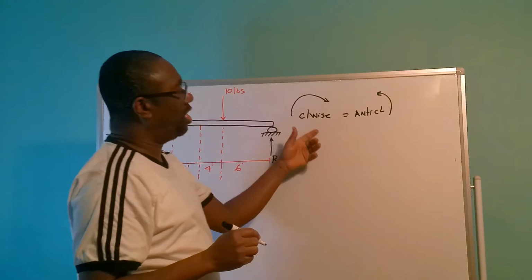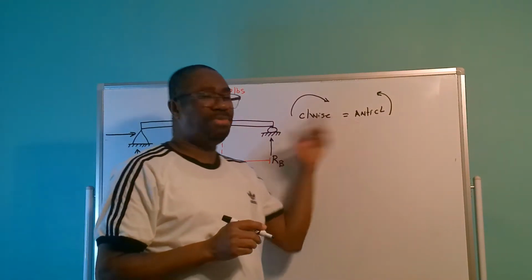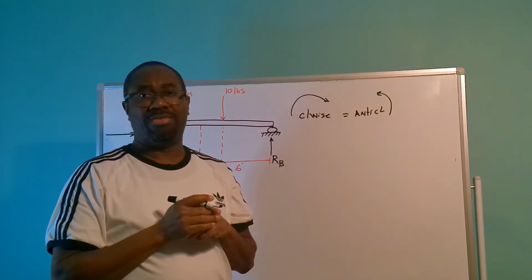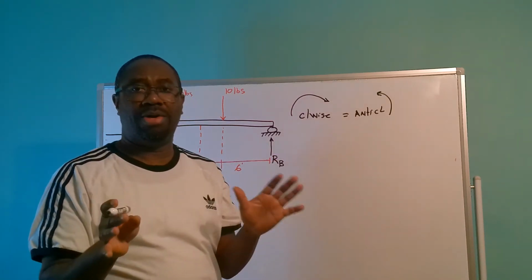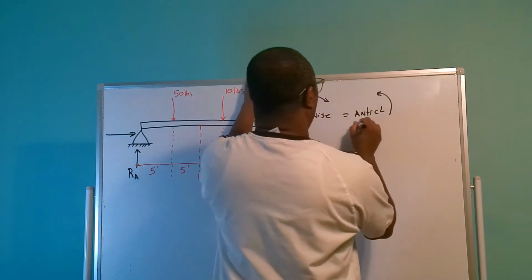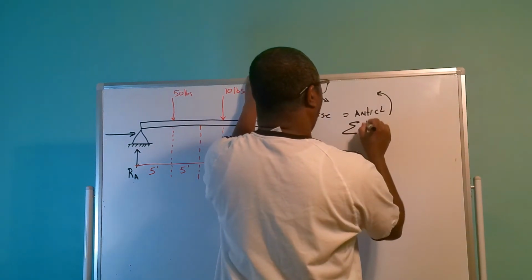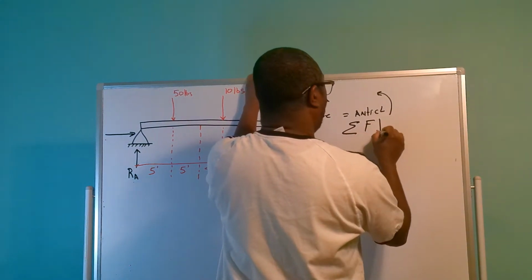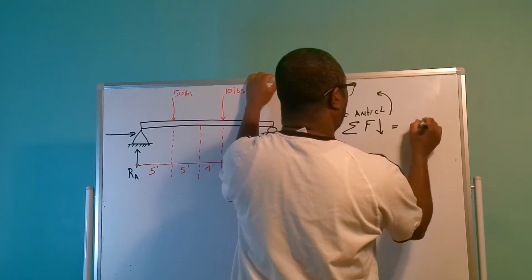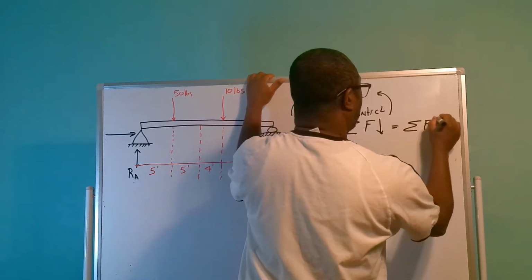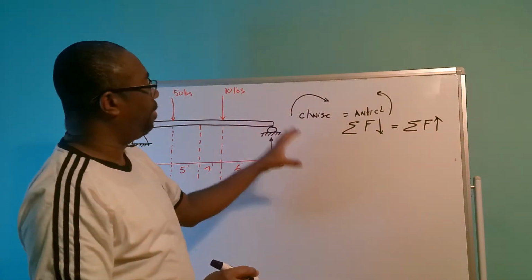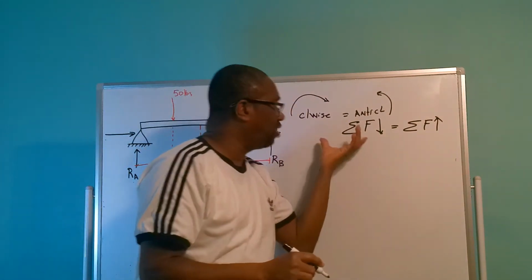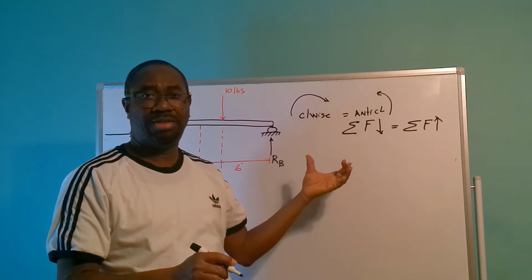So your clockwise moment must be equal to your anti-clockwise moment for your beam to be in equilibrium, as well as the summation of your forces going down must be equal to the summation of your forces going up. So your beam has to satisfy these two criteria.